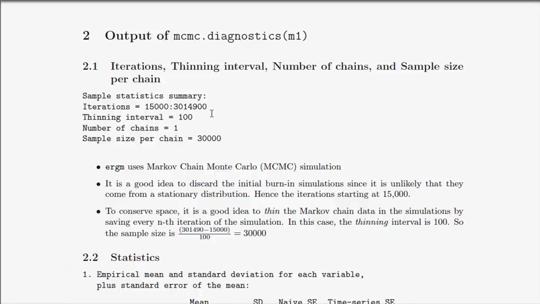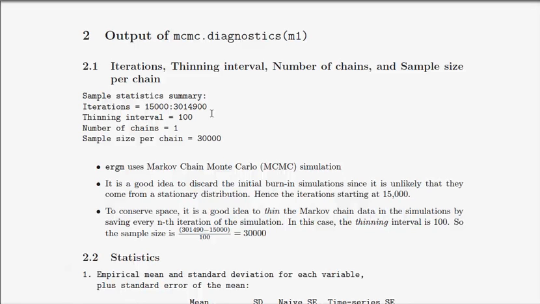Usually when you start the simulations, the first few iterations are discarded. They're called burn-ins because the statistical results do not stabilize right from the beginning. They get stabilized after a certain number of iterations. So the first few iterations are not very useful in interpreting.